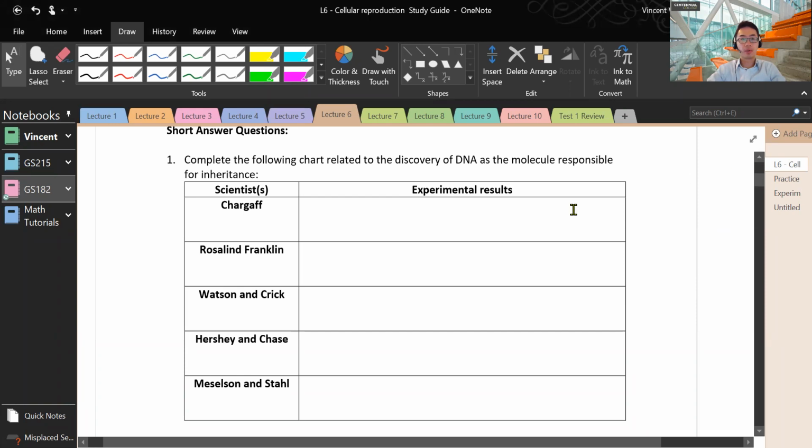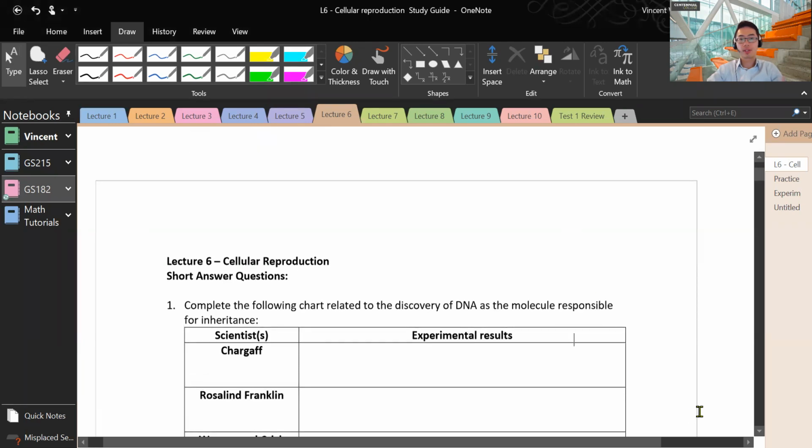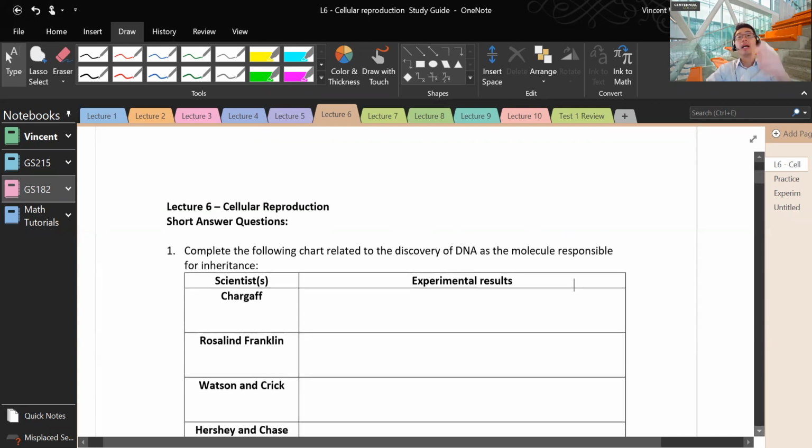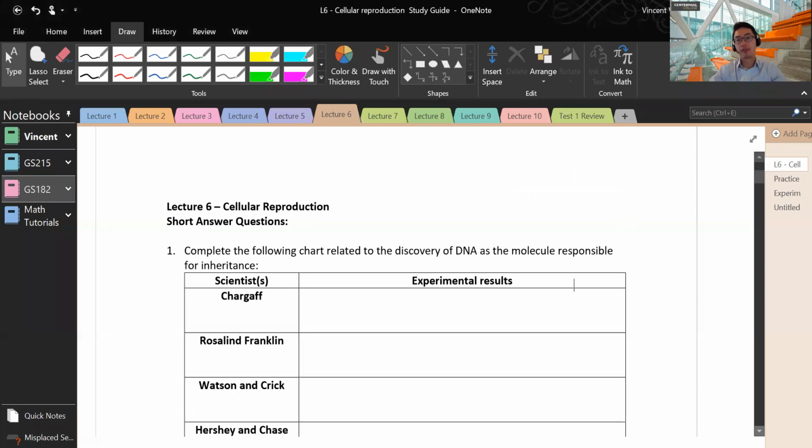This week, we are going to be doing Lecture 6, Cellular Reproduction. This is the first lesson of the second half of the course. So everything that we did for the first half of the course, you will not be tested on anymore. Everything that is in Lectures 1 to 5 was assessed on the test last week.